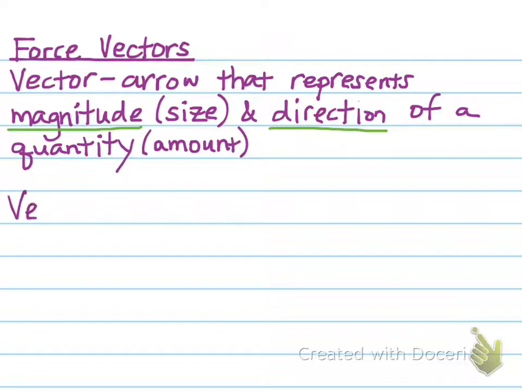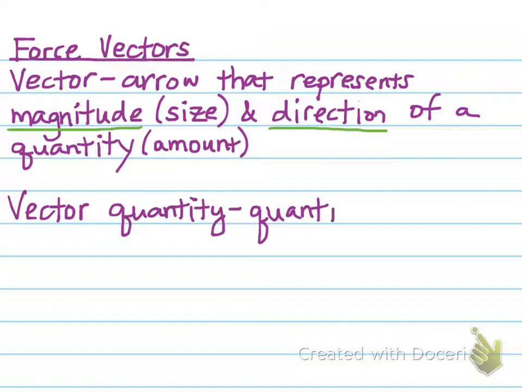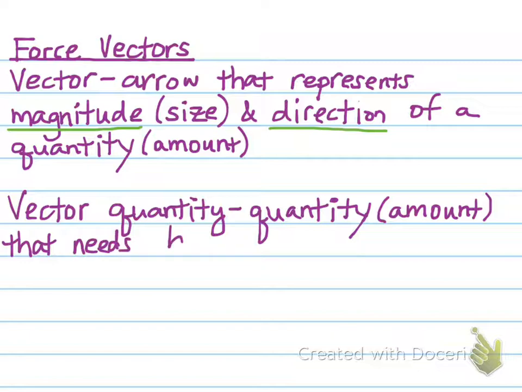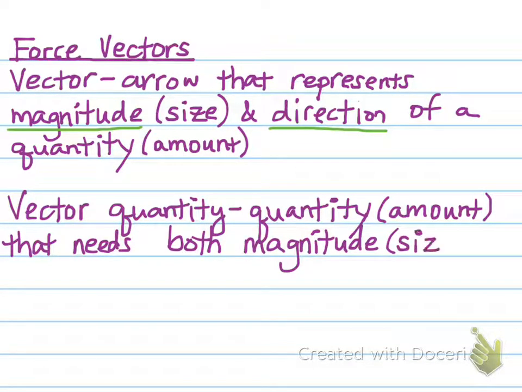A vector quantity is a quantity, or amount, that needs both a magnitude, which again is size, and direction, for a complete description.